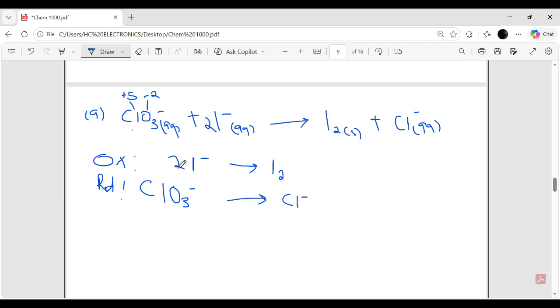Here the iodine atoms are already balanced, so the oxidation reaction is already balanced.